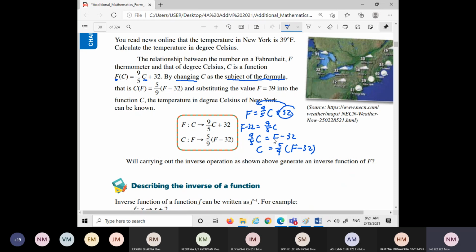If x was the object, now the image will become the object. So you are changing the subject. This is the inverse function. Remember, an inverse function is changing the subject of the function.